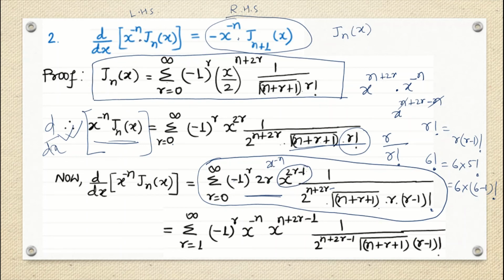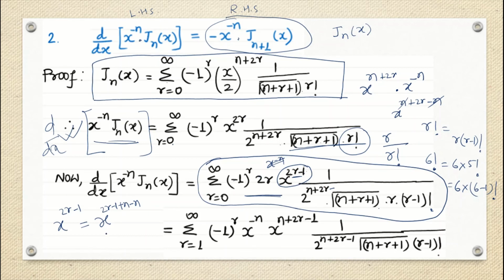For that, x raised to 2r minus 1 can be written as x raised to 2r minus 1 plus n minus n. Correct? Since the power of x does not have n, I will introduce it. So I have written x raised to 2r minus 1 plus n minus n.